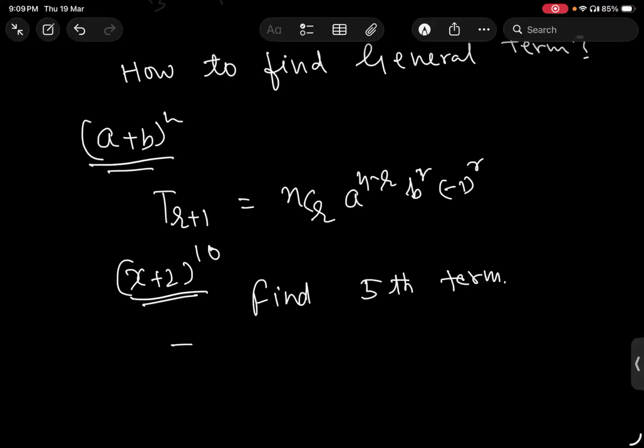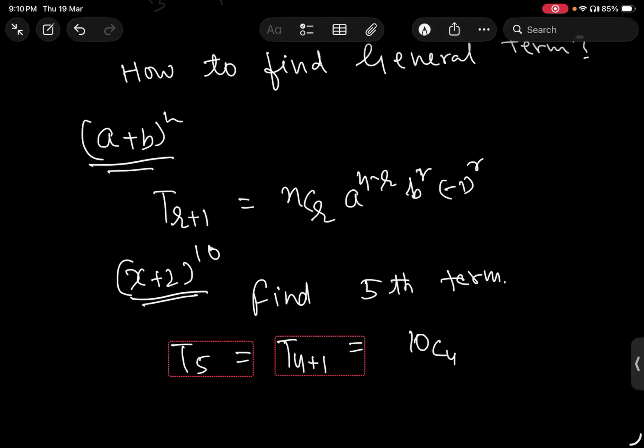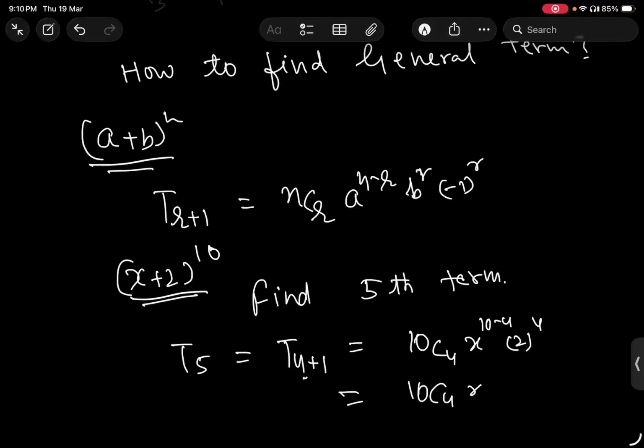So if we want to find the fifth term, then we write t(4+1). Then n is 10, so 10C4. In place of r, we will be taking 4, not 5. 10C4, x to the power 10 minus 4, and 2 to the power r, which is 4. So the fifth term will be 10C4 x^6 2^4.